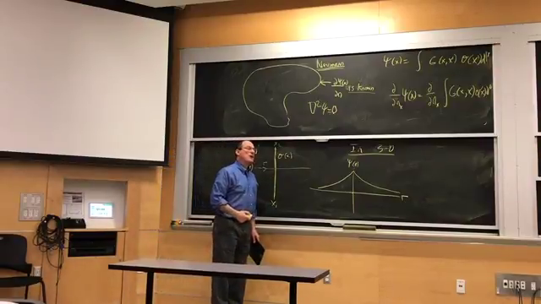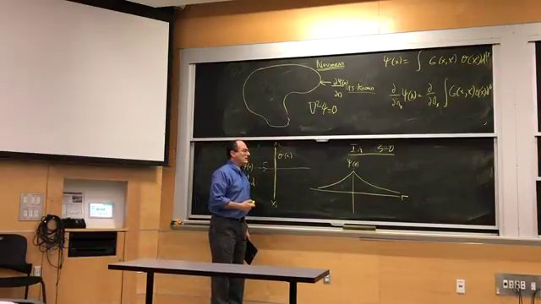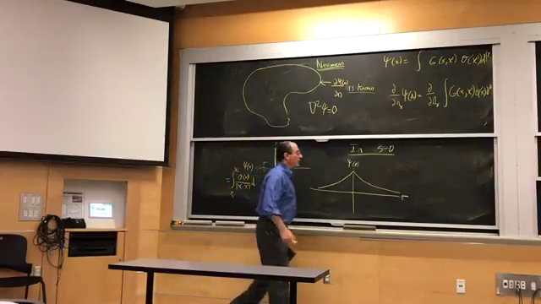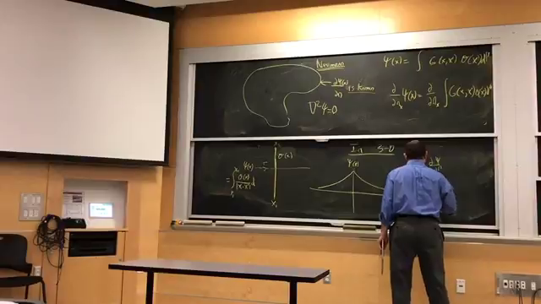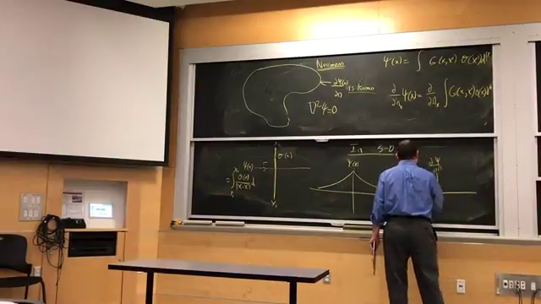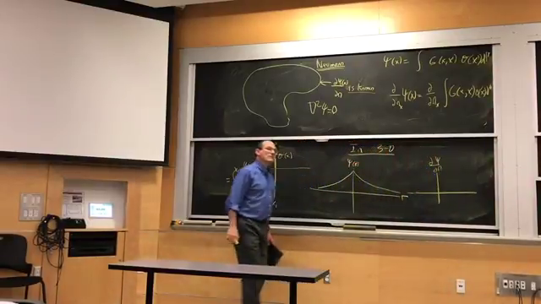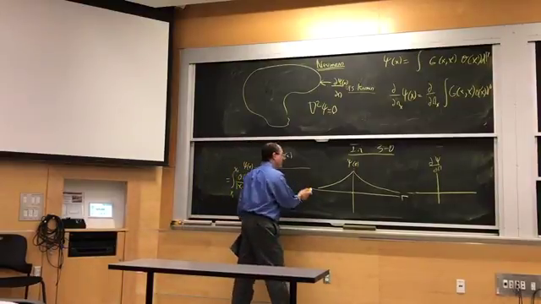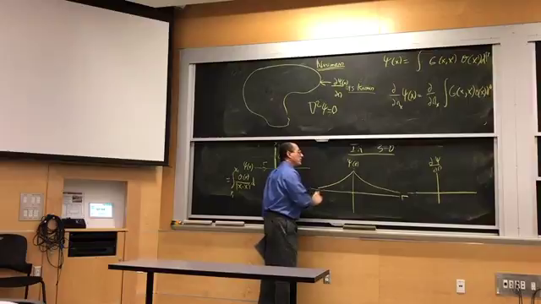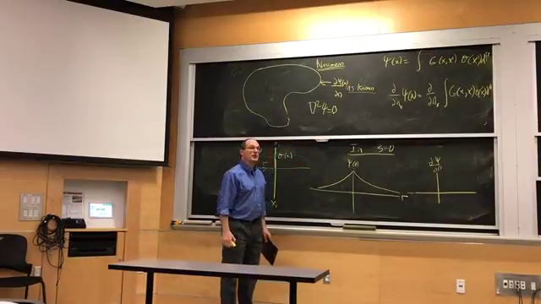So if that's a plot of the potential as you approach the surface, what does the derivative of the potential look like? As r is increasing, as I approach the panel, the potential is increasing.